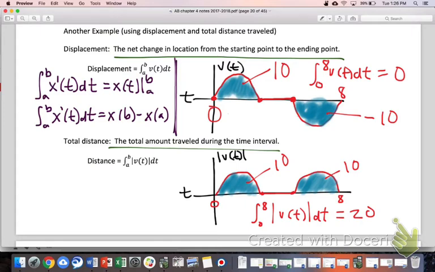So then this is simply your displacement, right? It's where you finished minus where you started. That is your displacement right there. And displacement is equal to the definite integral of velocity.